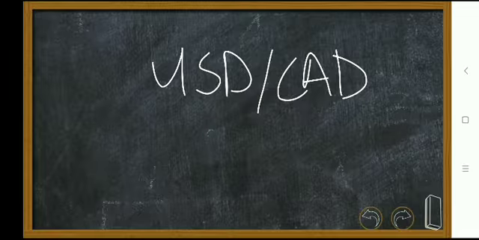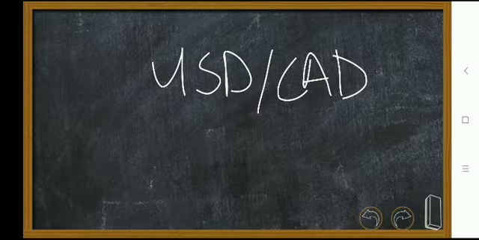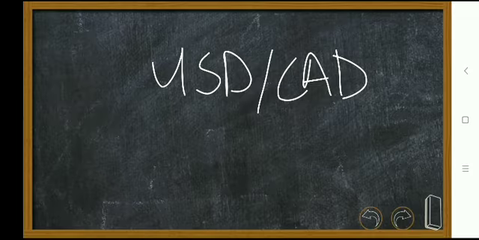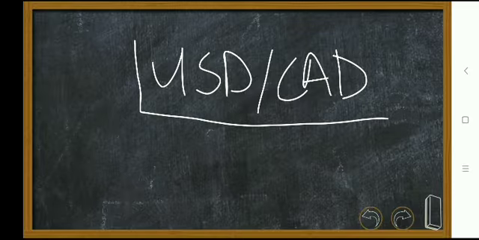Let me show you now. We have USD CAD, USD and CAD. When USD was strong in the last scenario, we sold Euro USD. But in this scenario, if USD is strong, we are going to buy USD CAD.